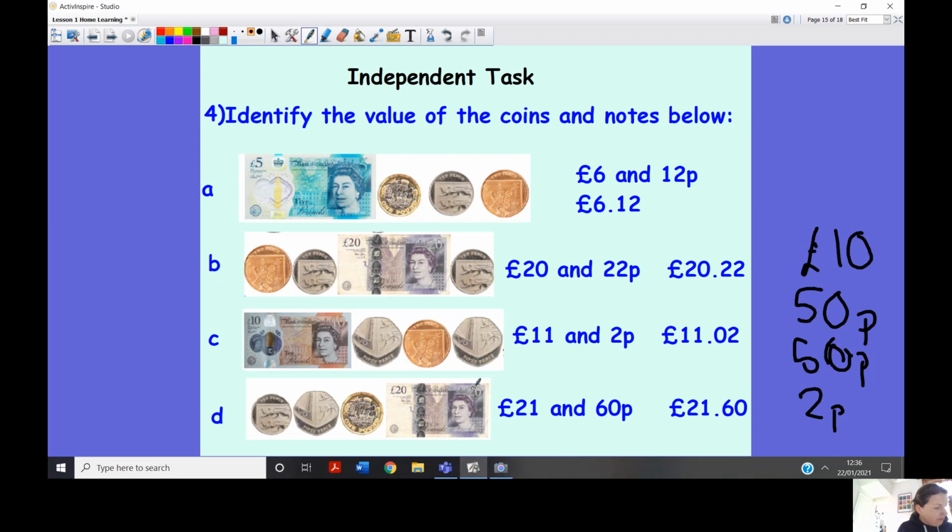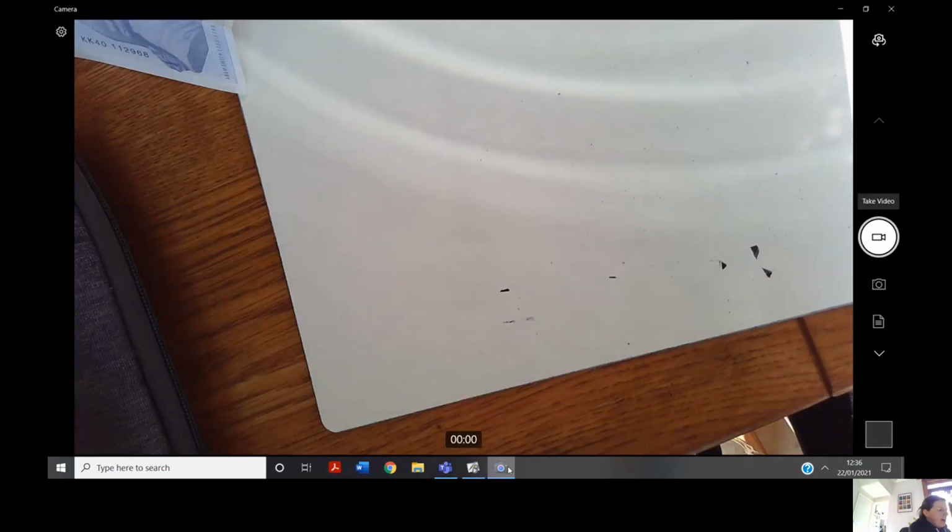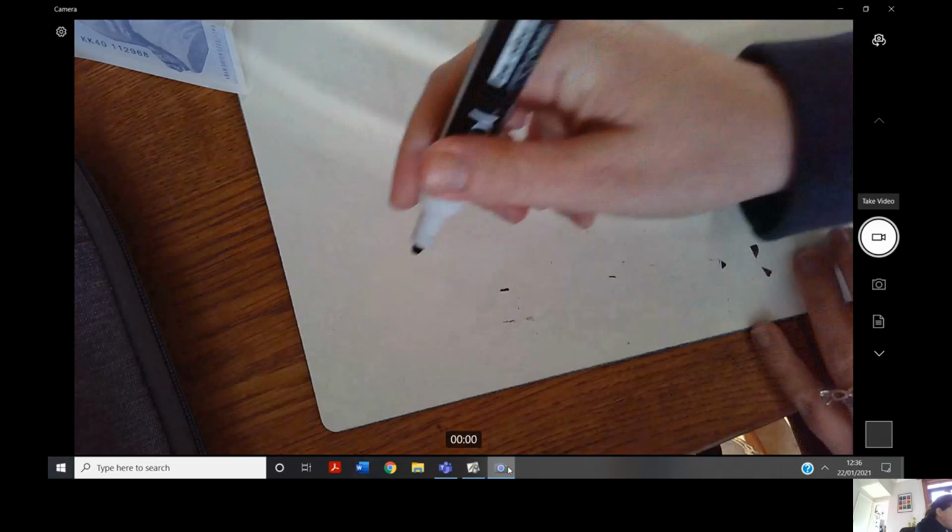So, I haven't got enough coins to show that, but imagine, I'm just going to draw some coins on my whiteboard just to show you how that could work. So imagine I have a 50p, a 20p, another 20p, oh, and another 20p for good measure. Here I have 50, counting on adding another 20. 50 add 20 is equal to 70.